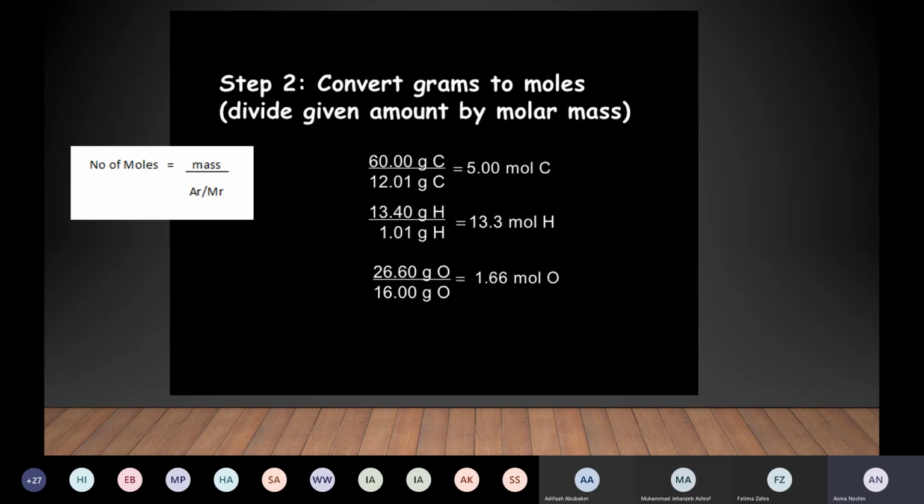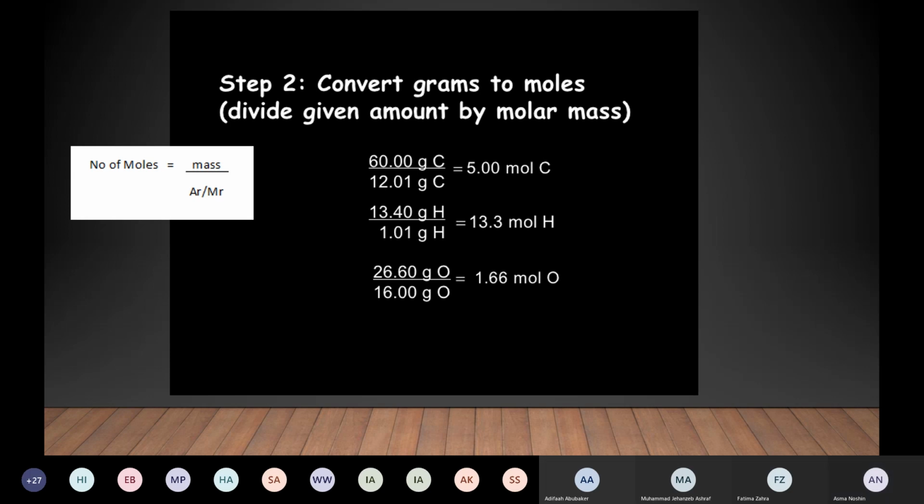What will be the answer? Yes, good, Ali. Very good. 5, ratio 13.3. Very good. And 1.6. Who else? What is your division? What did you get?